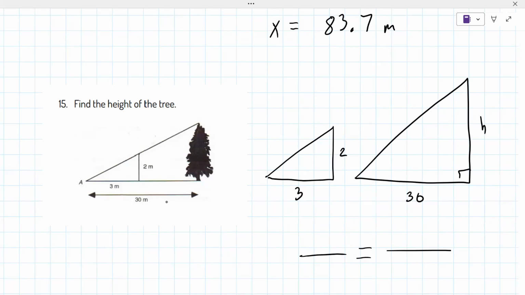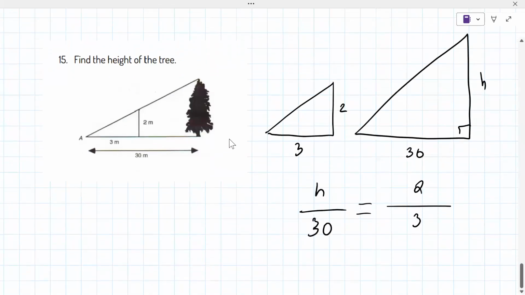H over 30 equals 2 over 3. Like that. Okay, you want to solve that for H for us, please?